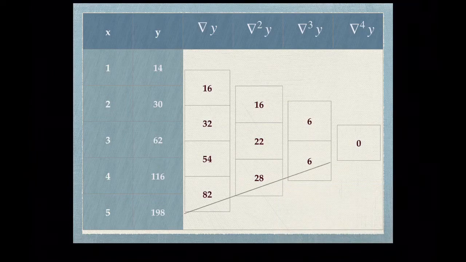In the next stage, the last values: yn is 198, del yn is 82, del square yn is 28, del cube yn is 6, and finally del power 4 yn is 0. We will mention all this data.